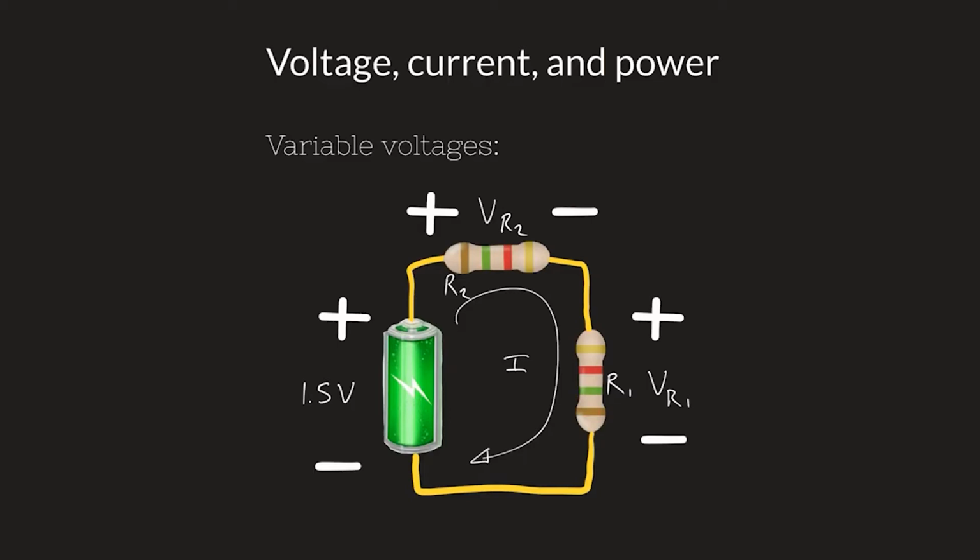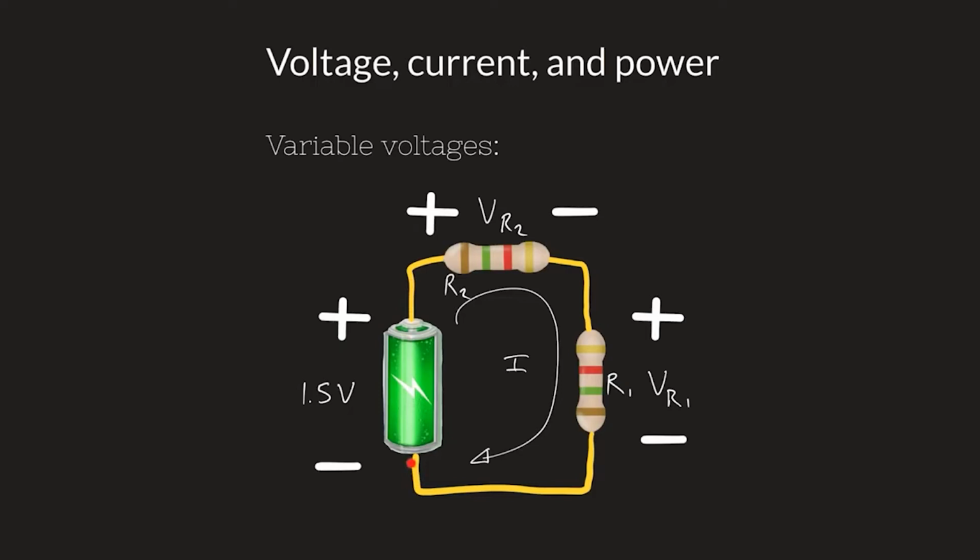So no longer do we have just a constant voltage across each of these resistors. The relative voltage across each one depends on the relative size of these resistors. The total voltage across, so the voltage from here to here, is always constant. That's the same, because that's determined by the battery.